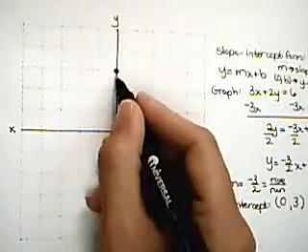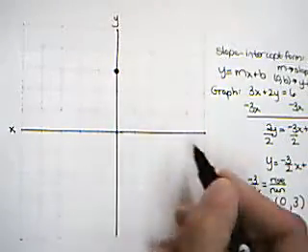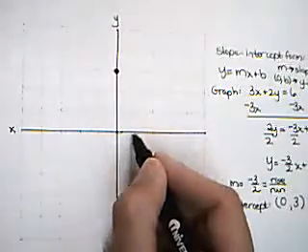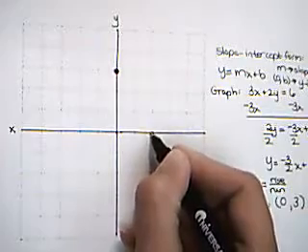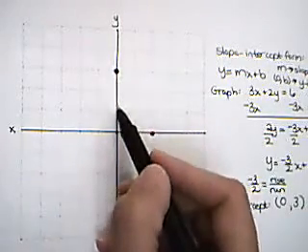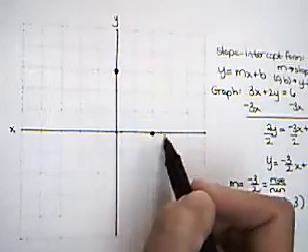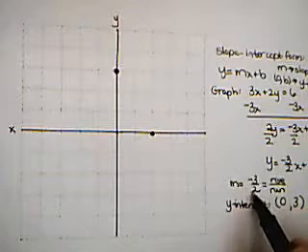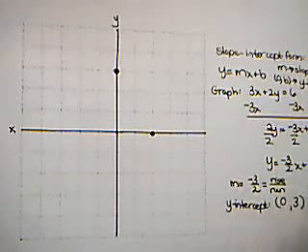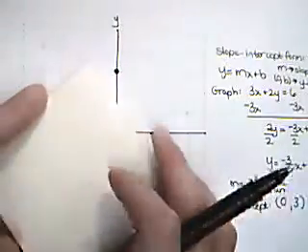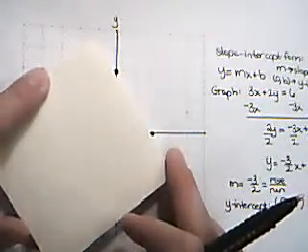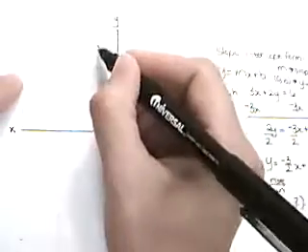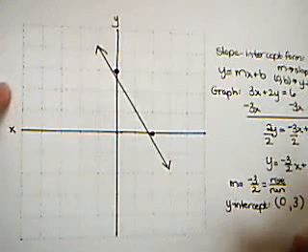Since it's a negative 3, we're going to go down 3, 1, 2, 3, and because my run is positive, run means left or right, it's positive, so we're going to go right 2. So what just happened was from the y-intercept, we move 3 down and then 2 to the right due to the sign. Now the negative sign can be with the top or the bottom, but it cannot be for both because a negative over a negative would be a positive. But once we have those 2 points, then we can line those up and draw a straight line. And that would be the graph of our line.